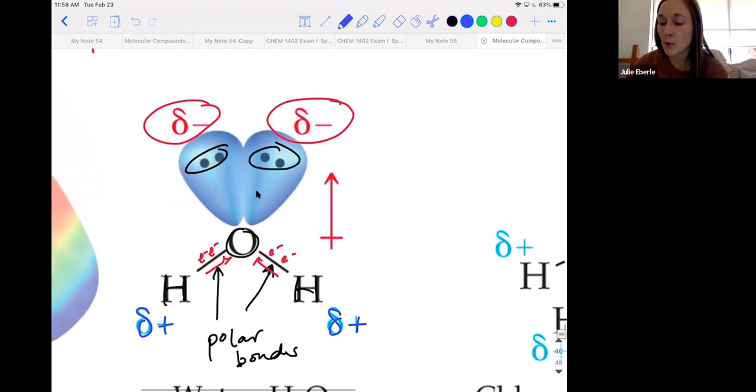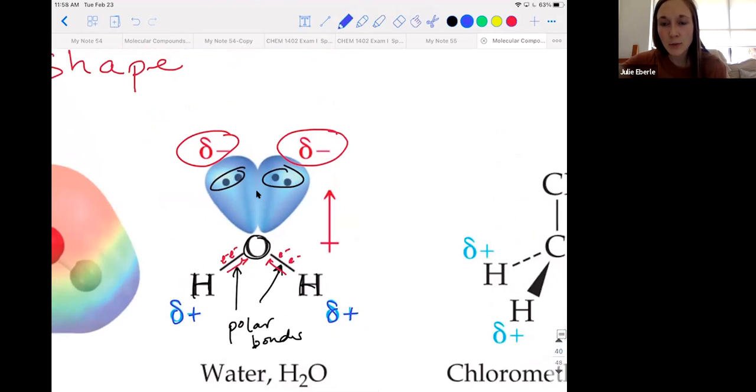Now, when we can separate the partial positive and negative across our molecule like this, we can draw in something we call a dipole. This arrow right here is called a dipole. All the dipole is doing is indicating to us which region of the molecule is partial negative.